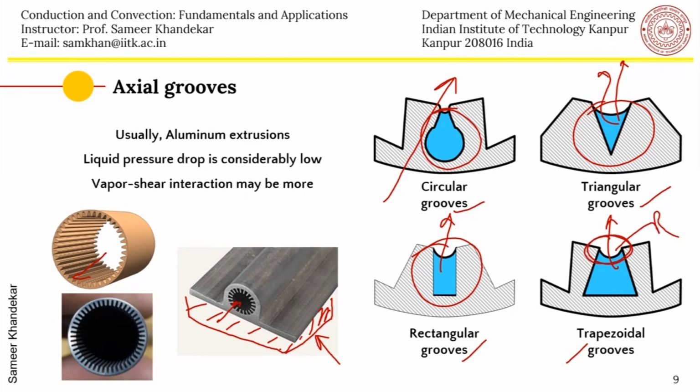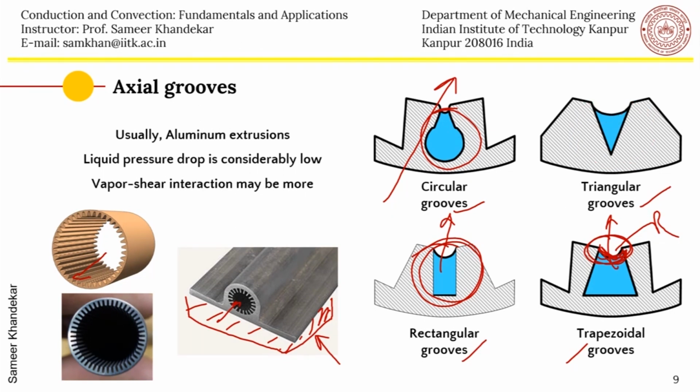Of course, in the condenser, this particular meniscus will be more flat, as I was telling you, because condensation is taking place there. In the evaporator, it will get depressed, and because of this, a capillary pressure difference will be created, and the liquid will then be sucked towards the evaporator.